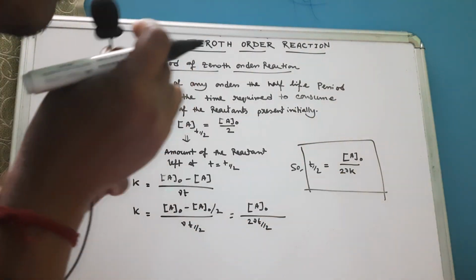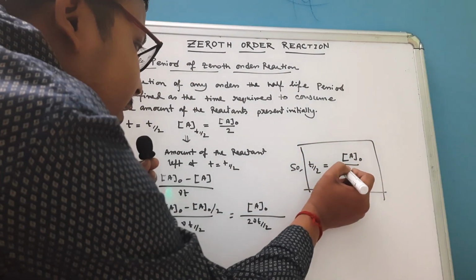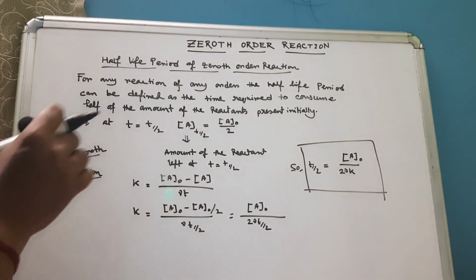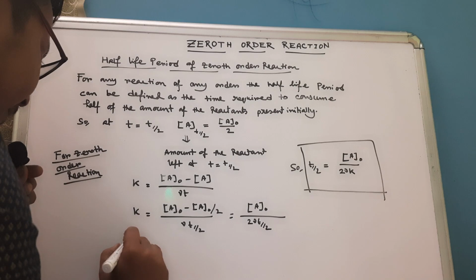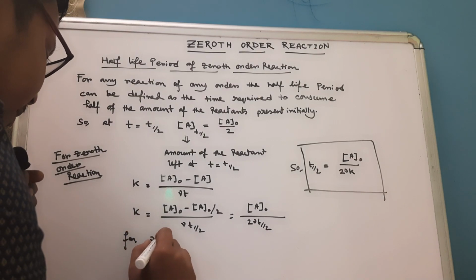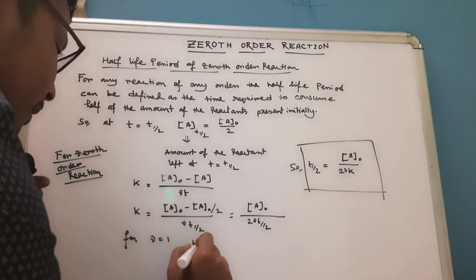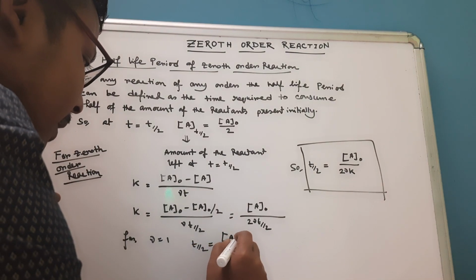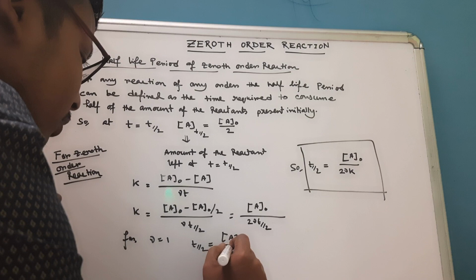This is the t half of a zeroth order reaction, a0 by 2 nu k. So for stoichiometric coefficient nu equals 1, t half becomes a0 by 2k.